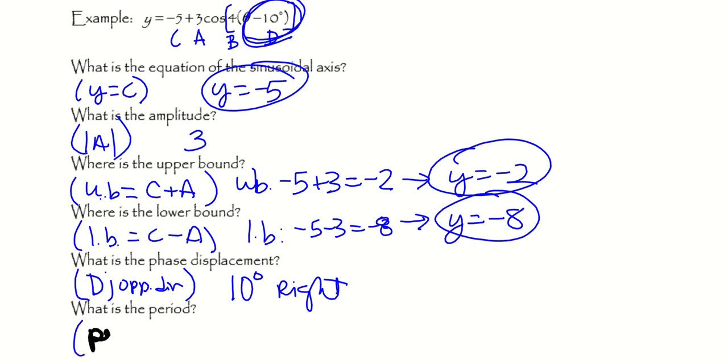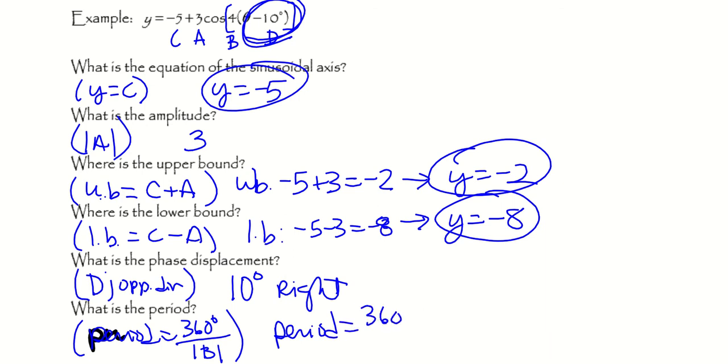Remember, the period is 360 degrees divided by the absolute value of B. So for us, our period will be 360 degrees divided by 4, which is 90 degrees. It takes 90 degrees to complete one cycle.